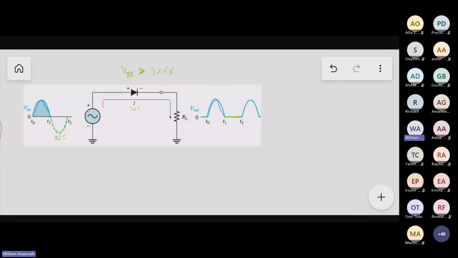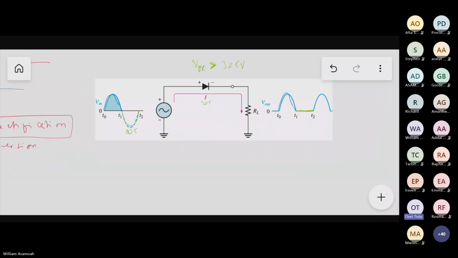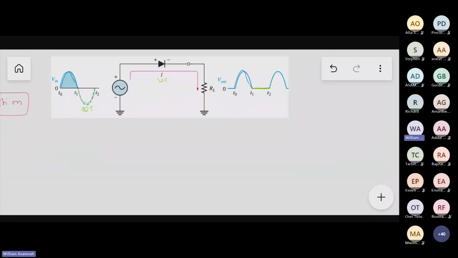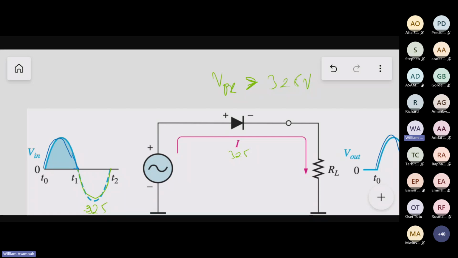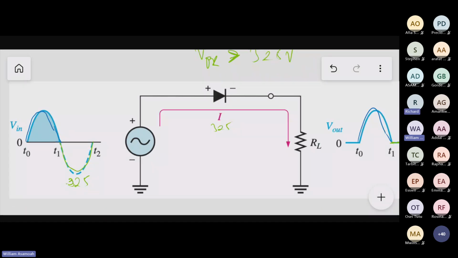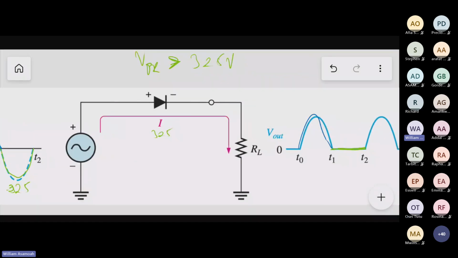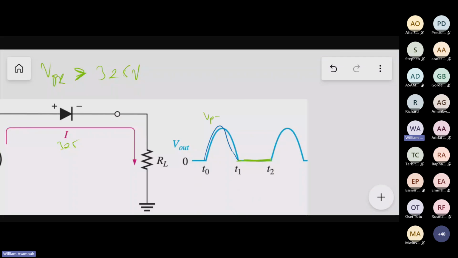That's excellent. Now, when you do the math, see something here. We said that when a diode is conducting, it latches 0.7. So if here is 325, the peak of the output will be V peak minus 0.7 volts.